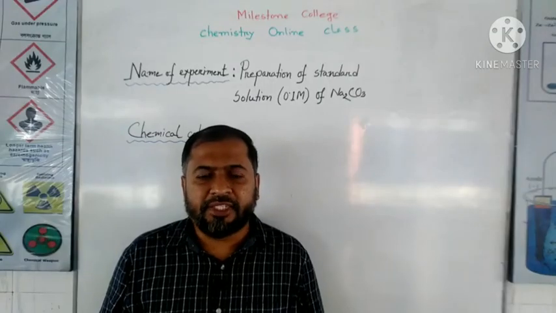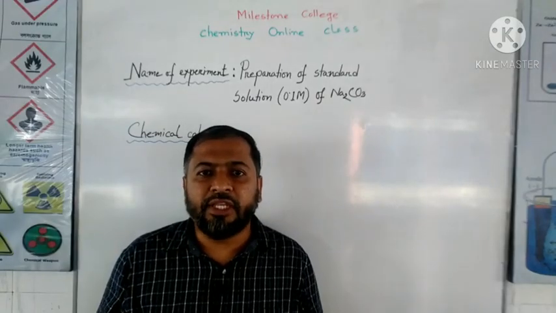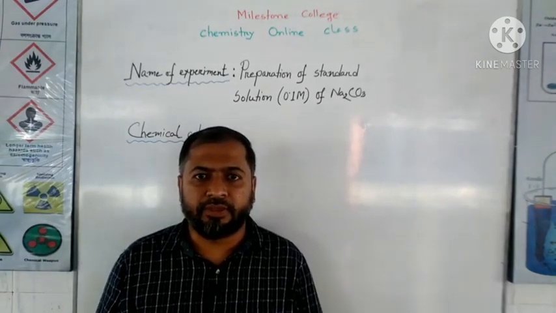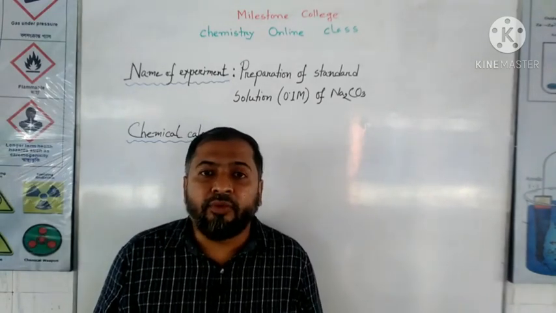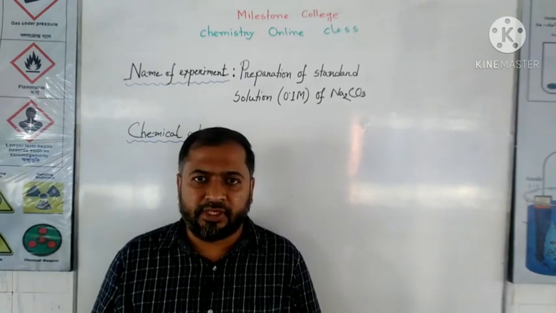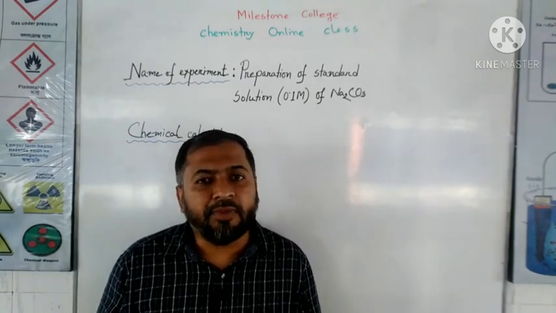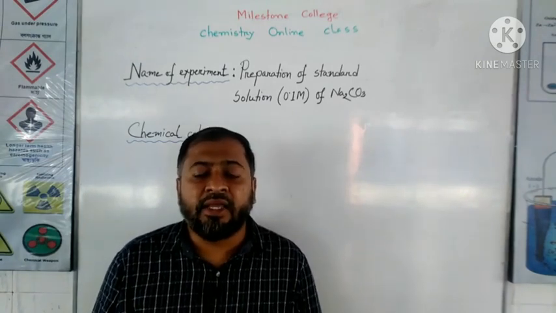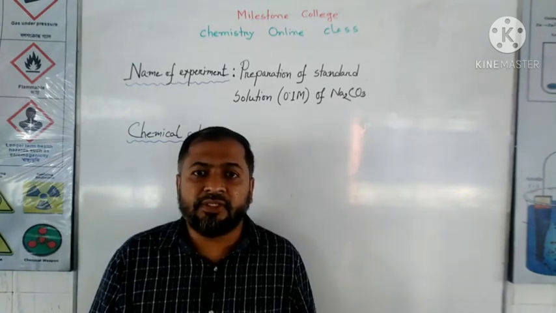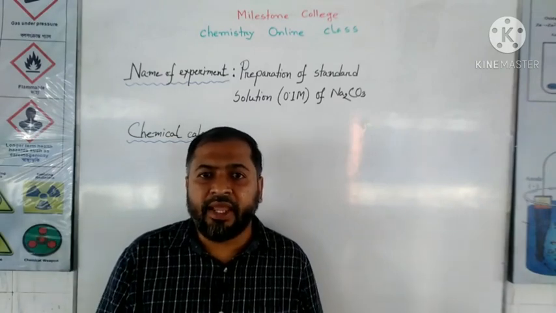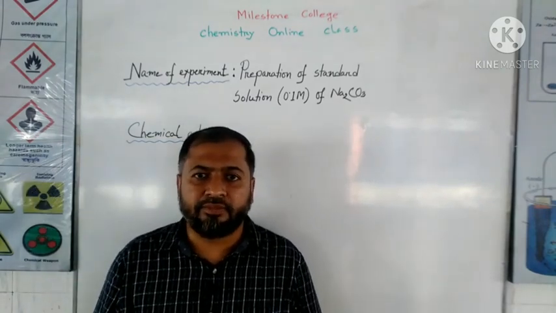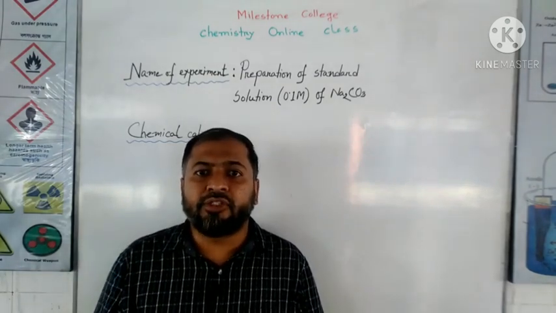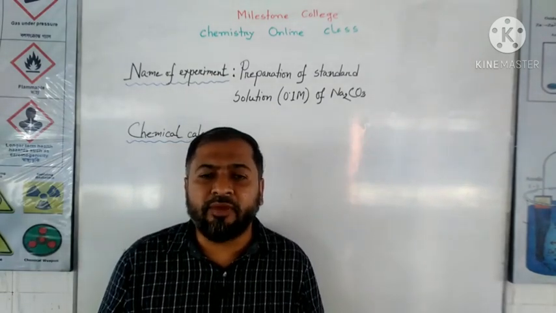For preparing standard solution, first we need to know what type of substance sodium carbonate is. Sodium carbonate is a primary standard substance. Now, what is a primary standard substance? Primary standard substances are such kind of substances which remain intact for a long period of time, or substances which do not react with oxygen and atmospheric vapor.